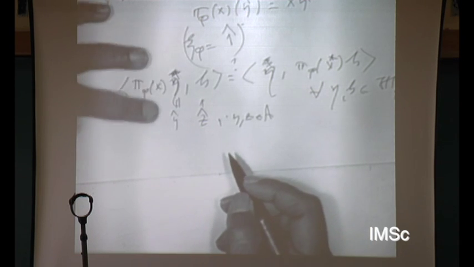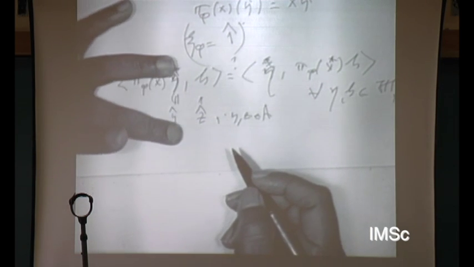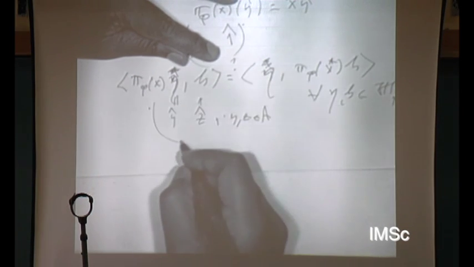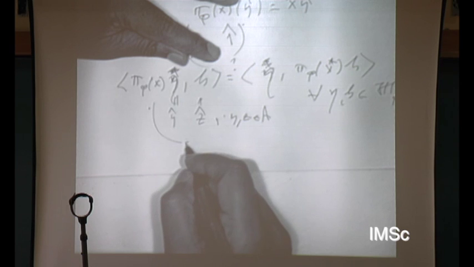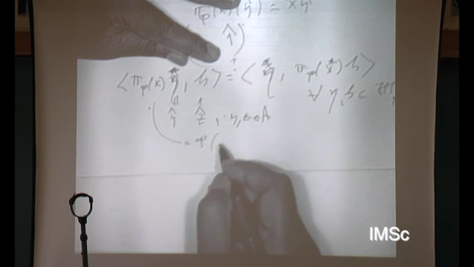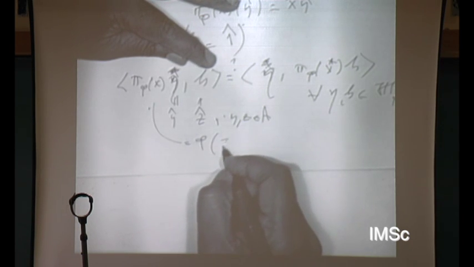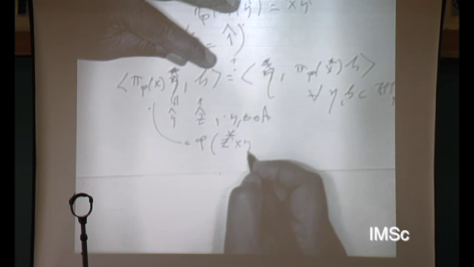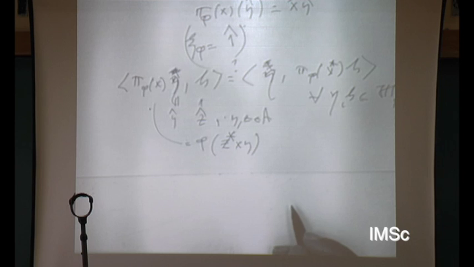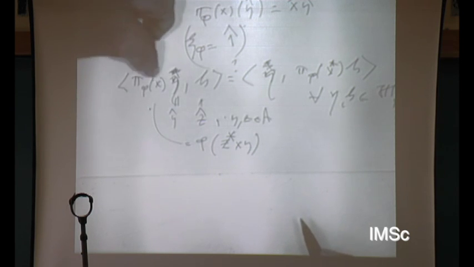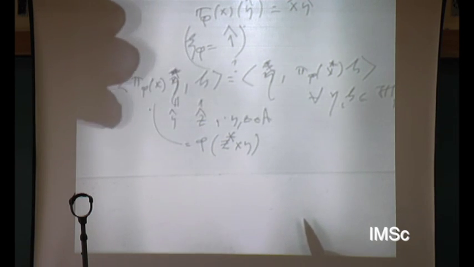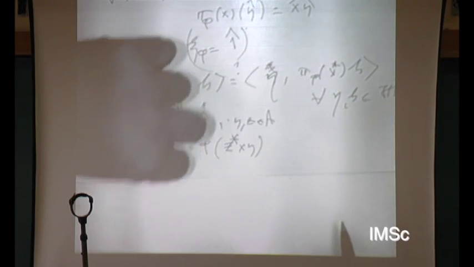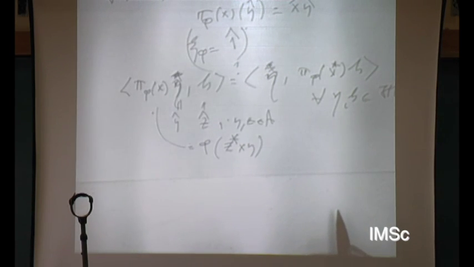Now if eta was y hat and zeta was z hat, what is the left hand side? Then the left hand side becomes equal to phi of z star times xy. Because pi phi x of y hat will be the hat of xy. The inner product of xy hat with z hat is by definition phi of z star by xy.